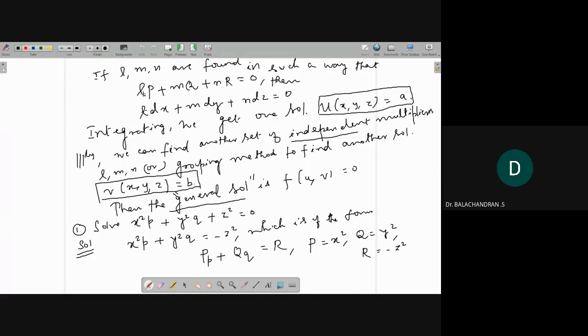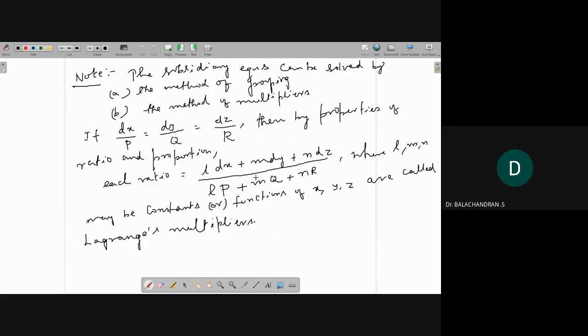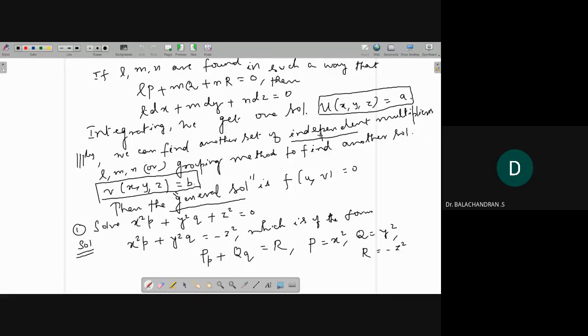So if the denominator is 0, then since each ratio is equal to this ratio, you can observe that the numerator, that is L dx plus M dy plus N dz, is equal to 0. Now if we integrate this, we will get the solution u, a function of x, y, z, equal to a.